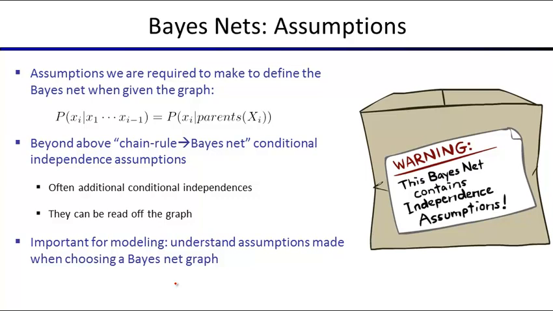Okay, so one thing you could ask yourselves now, and a lot of you were already asking this question in past lecture and at the end after the next lecture, is we made an assumption. Sure, we made an assumption that said to go from the chain rule to the Bayes net representation, we made this assumption over here. But often, there are additional conditional independencies that are implied by the ones you make. And today we're going to build an understanding of what they are. What additional assumptions are we making by making this assumption over here?